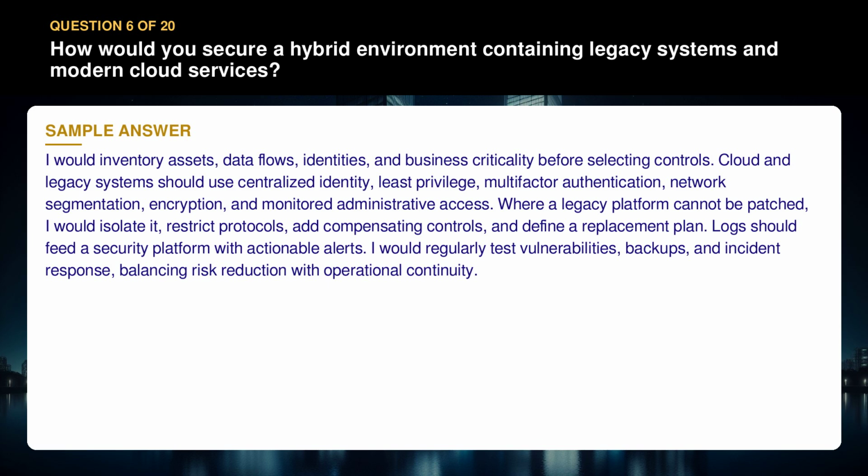Where a legacy platform cannot be patched, I would isolate it, restrict protocols, add compensating controls, and define a replacement plan. Logs should feed a security platform with actionable alerts. I would regularly test vulnerabilities, backups, and incident response, balancing risk reduction with operational continuity.